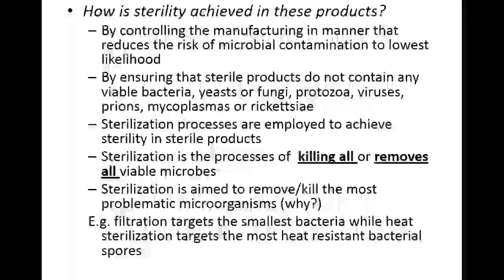These are the two ways that we can use to achieve the product to be sterile: by controlling the manufacturing in a manner that reduces the risk of microbial contamination to the lowest likelihood, and also by ensuring that sterile products do not contain any viable microorganisms like bacteria, yeast or fungi, protozoa, virus, prion, mycoplasma, and so on.